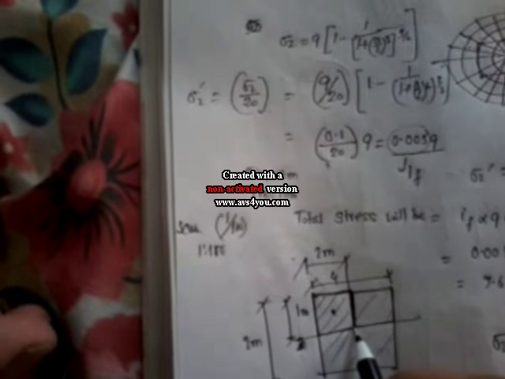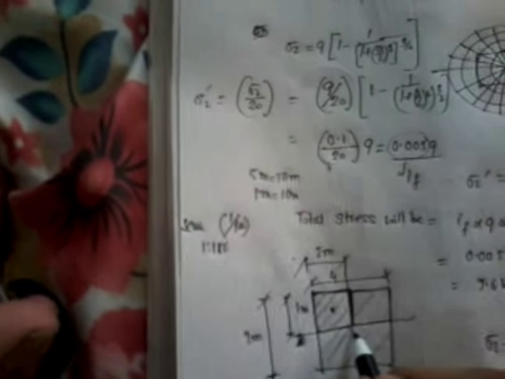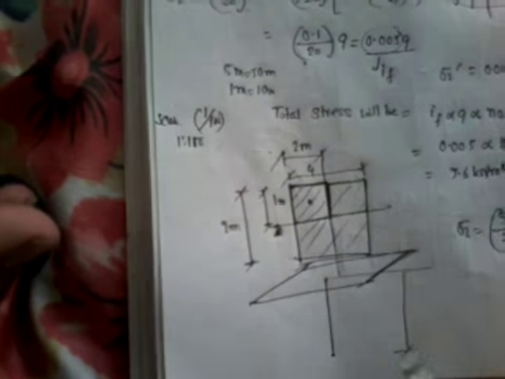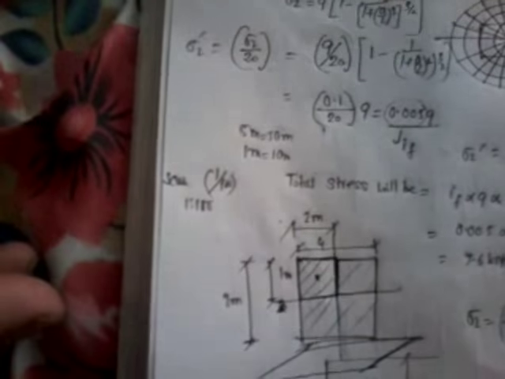We measure the sigma z value from this point under the uniformly loaded portion, at 5 meter depth. So the z value is 5 meter.